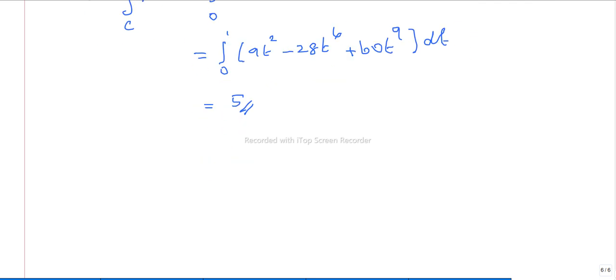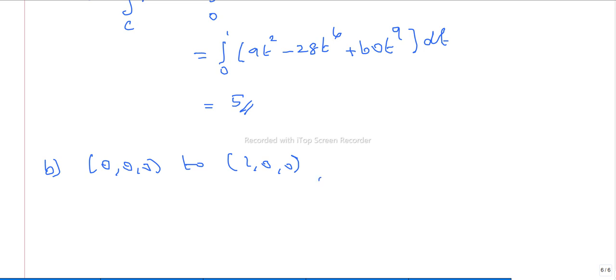Now the next part, along the straight line from 0, 0, 0 to 1, 0, 0.